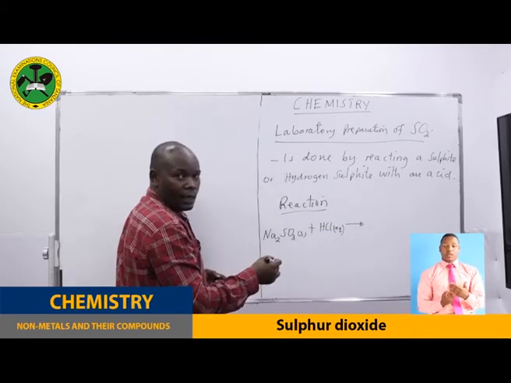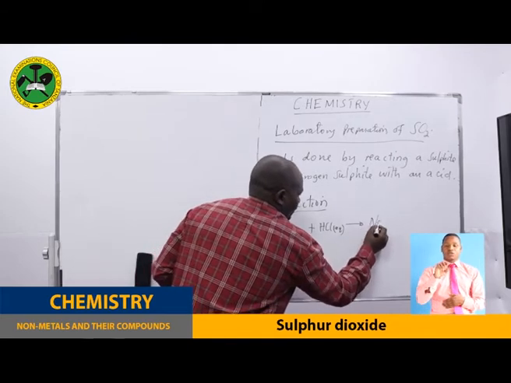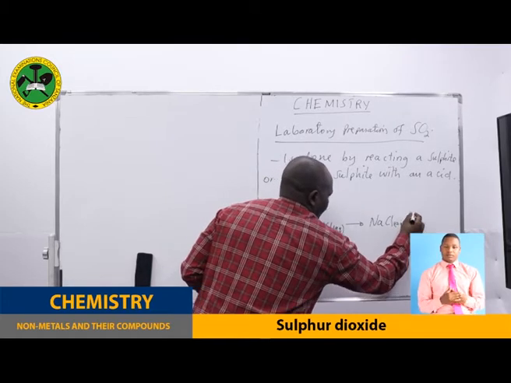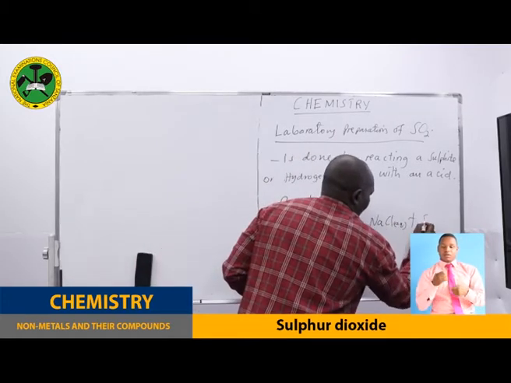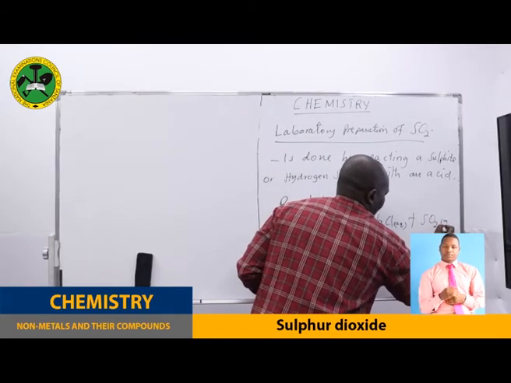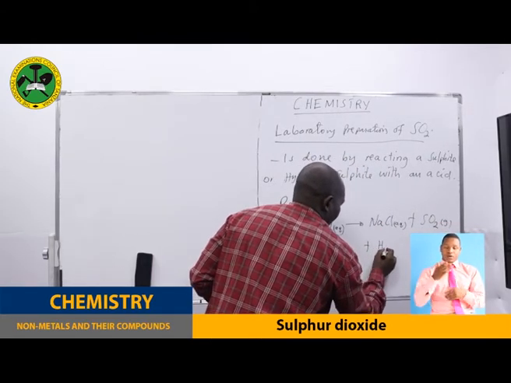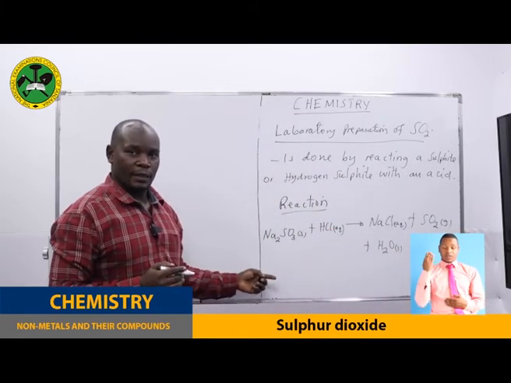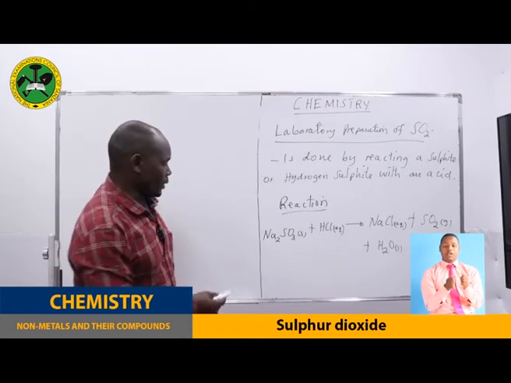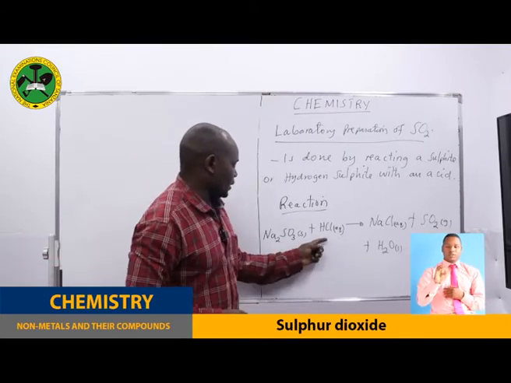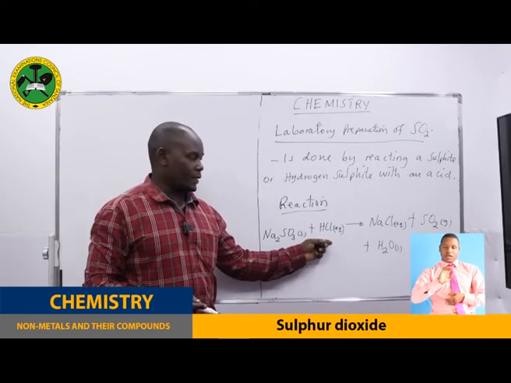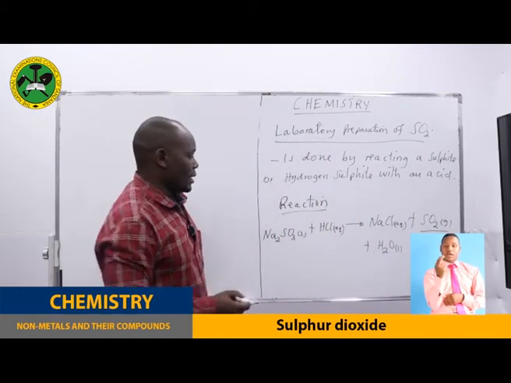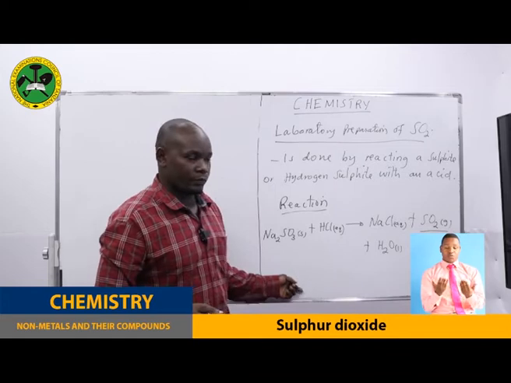Then the products will be sodium chloride as aqueous, then sulfur dioxide gas and water. So this is the reaction between sodium sulfite and hydrochloric acid. Here we see the sulfur dioxide gas which is released. Now you can balance the equation. It's your task to balance it.